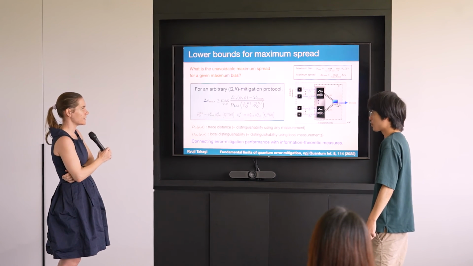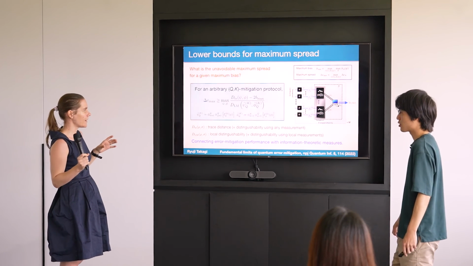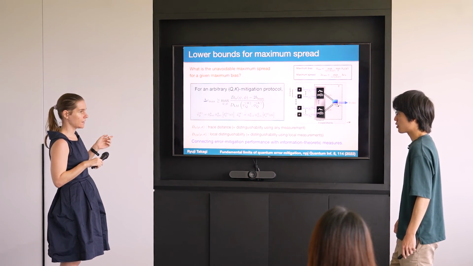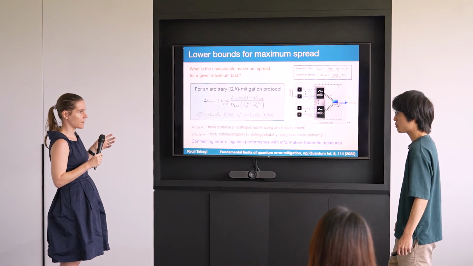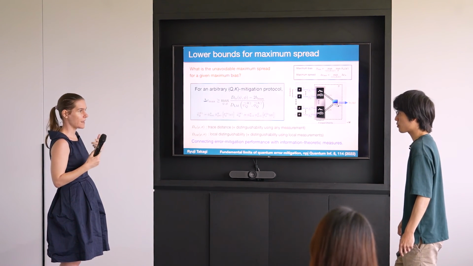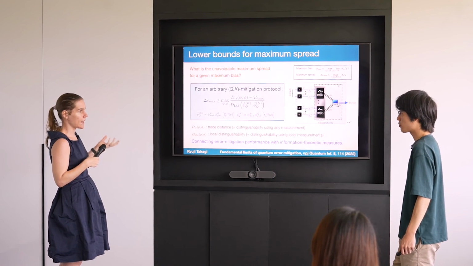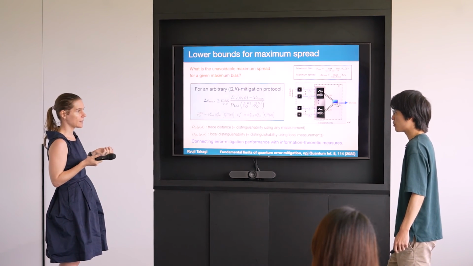Does that in that case tell you about how you can tailor your error mitigation protocol to the observable A? Presumably, if I'm doing probabilistic error cancellation, maybe I should only be correcting error in subspaces in which A has large support or something like this.